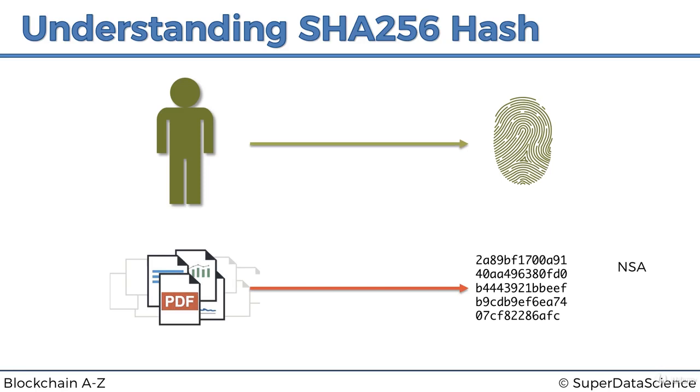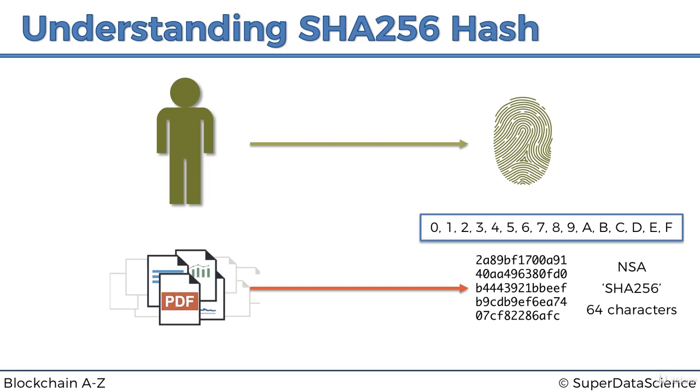SHA256 works. Now, this hash is called SHA256 because SHA stands for Secure Hash Algorithm, and 256 is the number of bits it takes up in memory. The hash is always 64 characters long, and it consists, as you can see, not just of bits, but actually of letters as well. That's because it's a hexadecimal hash.